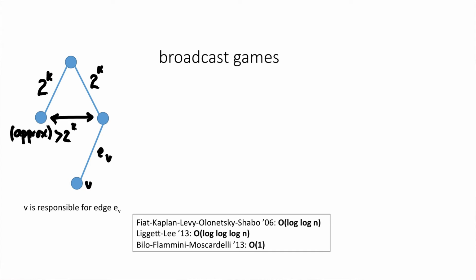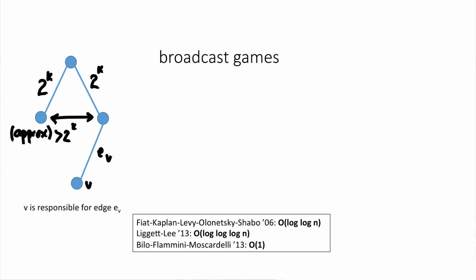I do not want to go into the details of this. Of course, this basic argument gives you only a factor of log n, and then you need to refine it, and all these papers do that. But the basic reason why it is a much simpler situation to analyze is that edges can be charged to vertices which can pay for them.